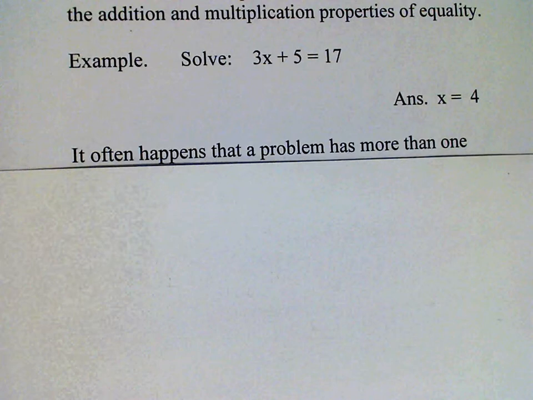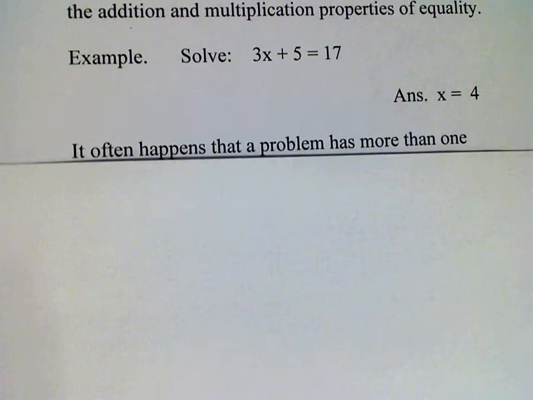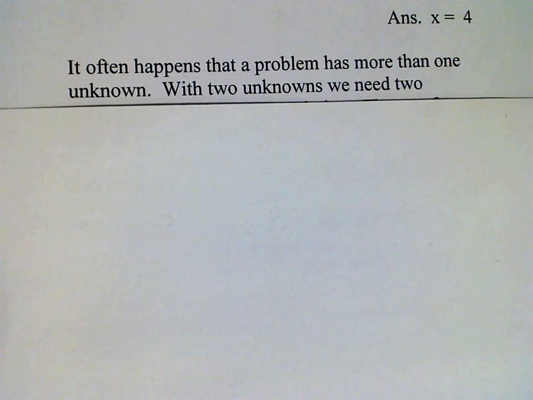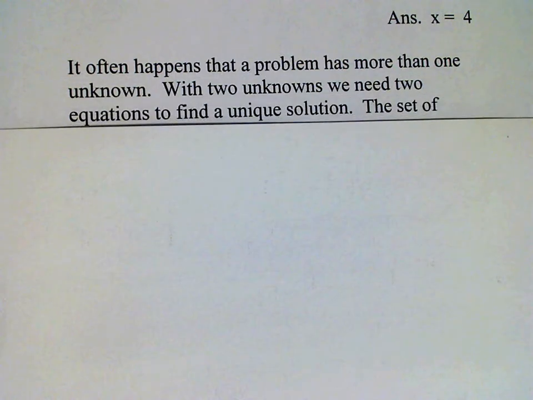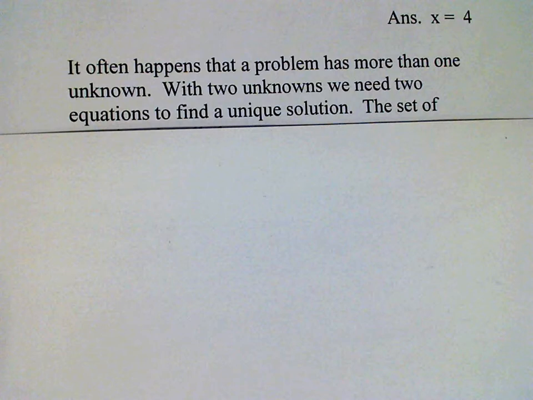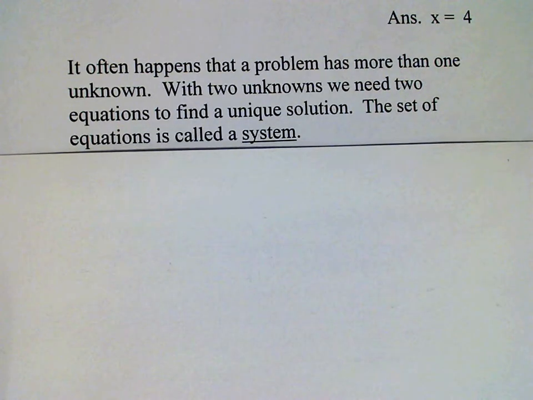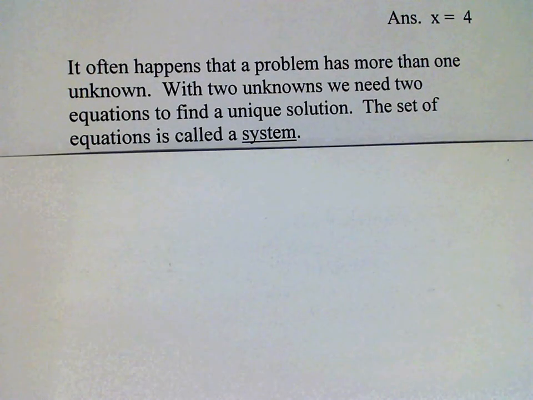Now, it often happens that a problem that we run into has more than one unknown. In order to solve for two unknowns, we will need to have two separate equations. And the set of equations taken together is known as a system.